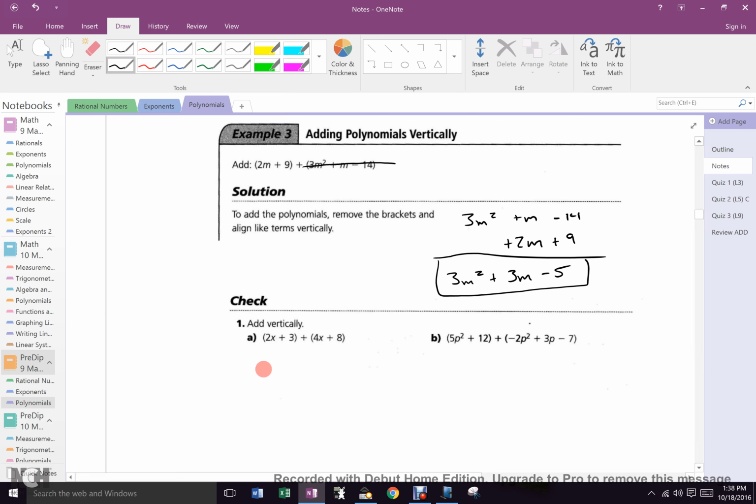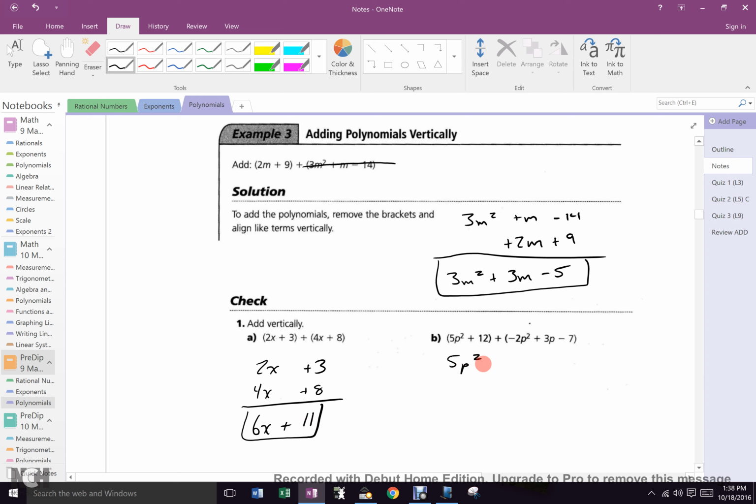So how am I going to rewrite this? 2x, then some space, 4x plus 8, and I'm going to get what? 11. Easy peasy lemon squeezy. 5p squared.